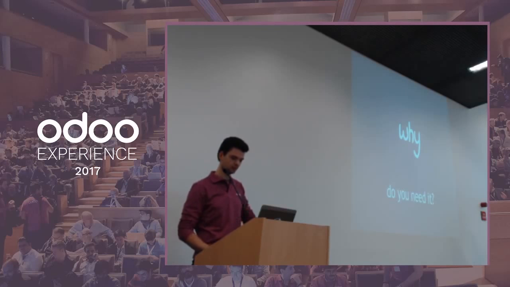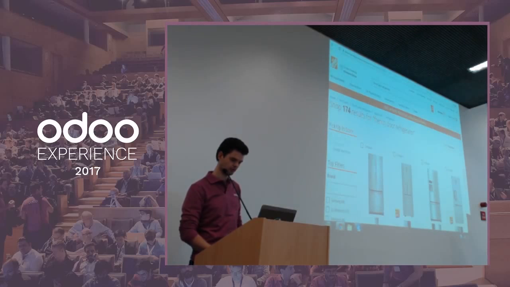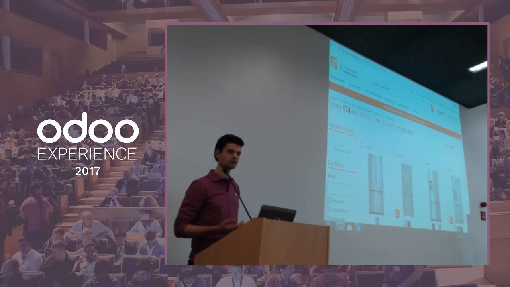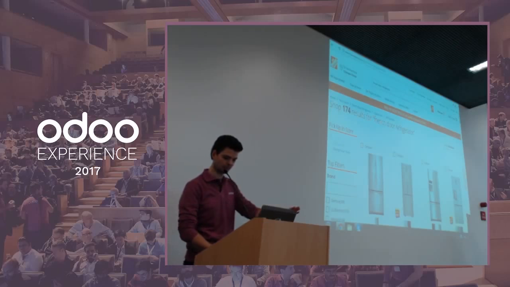Okay? So, to give you an example, let me go to the website of Home Depot. That's a big appliance and houseware store in the US, and you will see that they have such a product comparison tool, and we will see how it works.